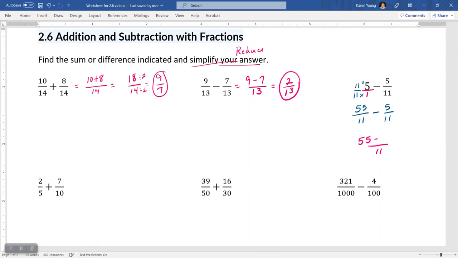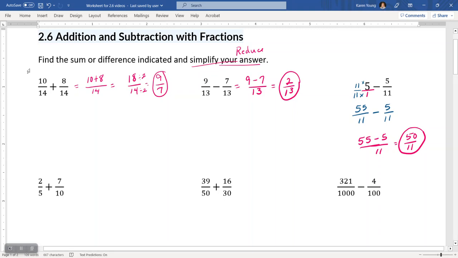So 55 minus 5 gives me 50 over 11. Now, again, I want to check to see if it reduces. Nothing goes into 50 or 11, so that stays the same. The only time I would write it as a mixed number is if my directions told me to write it as a mixed number.